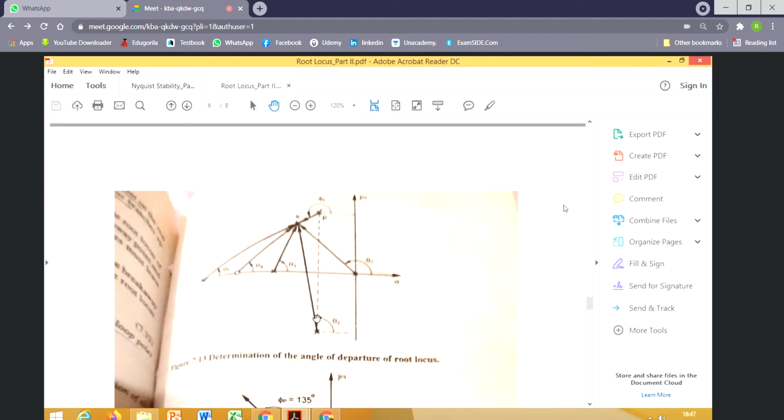Now, the angle along which a root branch originates from an open loop pole is called the angle of departure. Am I clear? The angle with which a root branch leaves one open loop pole is called the angle of departure.